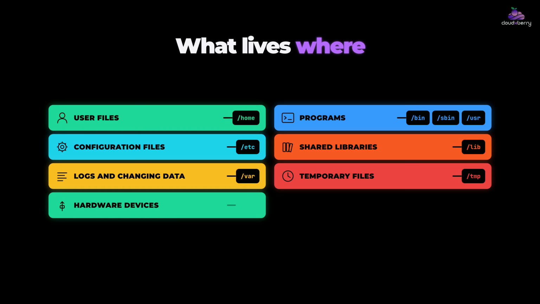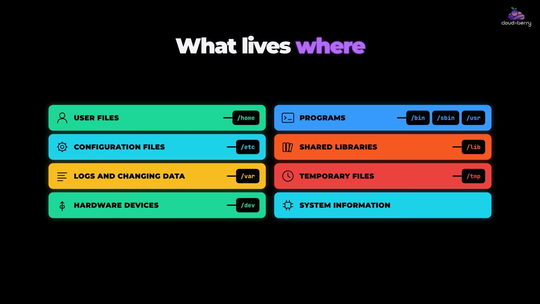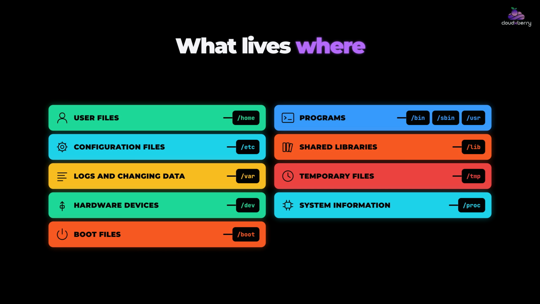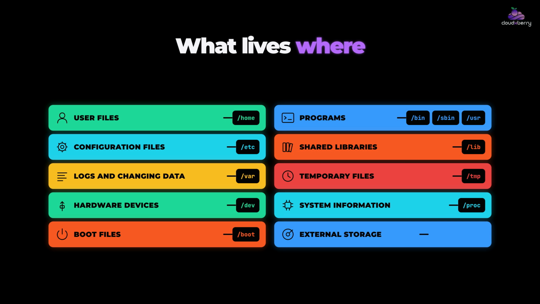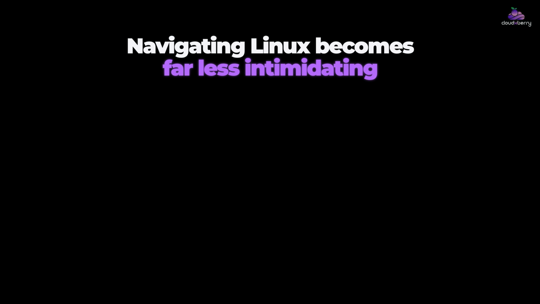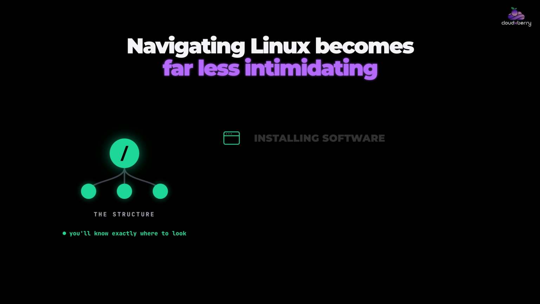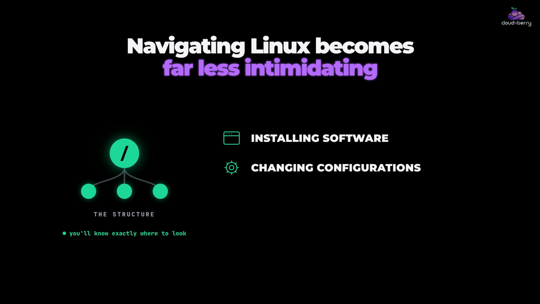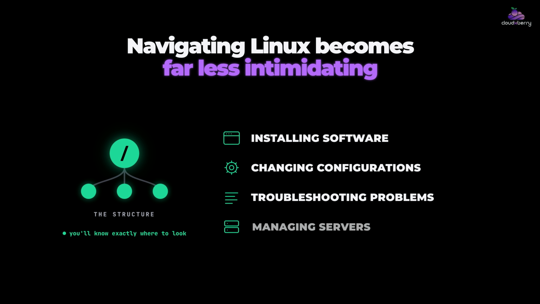Hardware devices appear inside /dev. System information comes from /proc. Boot files live in /boot. External storage is mounted under /media or /mnt. Once you understand this structure, navigating Linux becomes far less intimidating, and you'll know exactly where to look when installing software, changing configurations, troubleshooting problems, or managing servers.